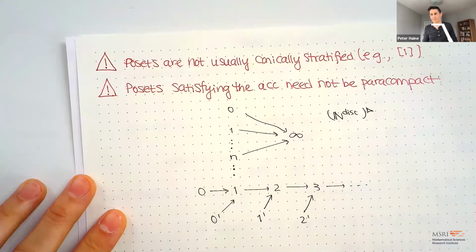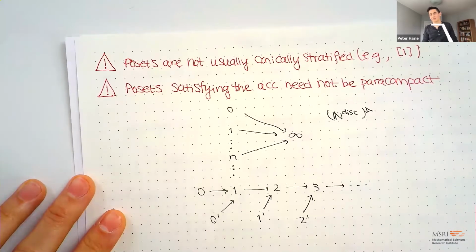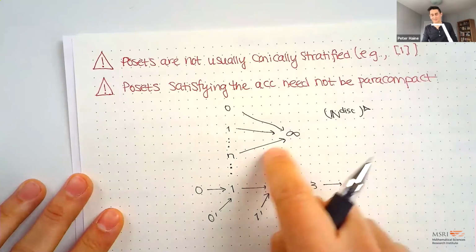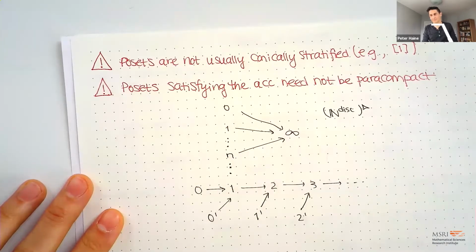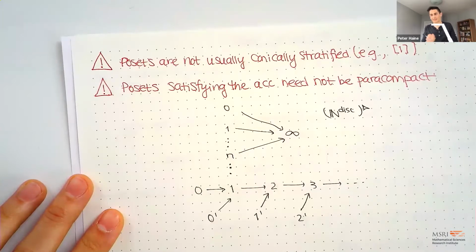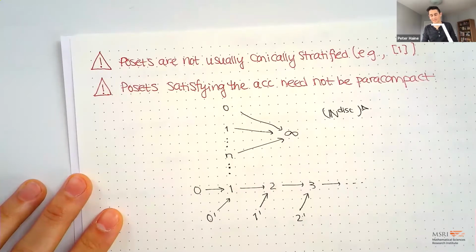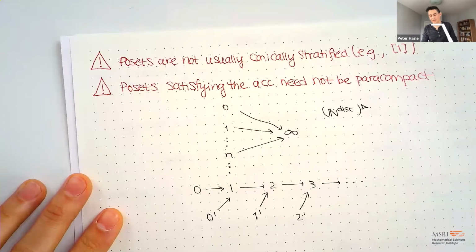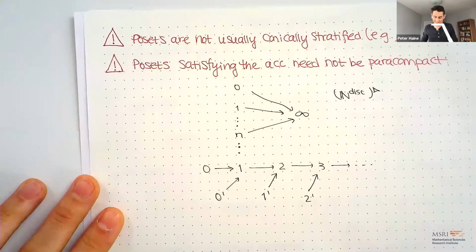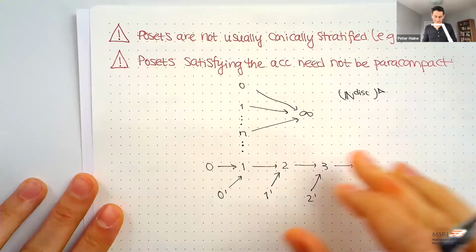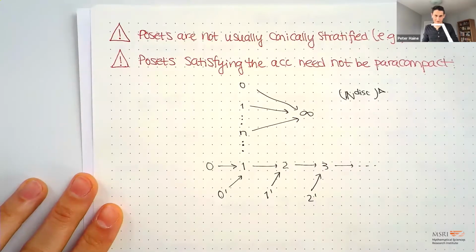So there's a poset that is paracompact, but it doesn't satisfy this down finiteness condition. Namely, you take the negative integers and adjoin a new minimal element. So I don't know, it seems a bit annoying to characterize these, but I just wanted to sort of tie that up.